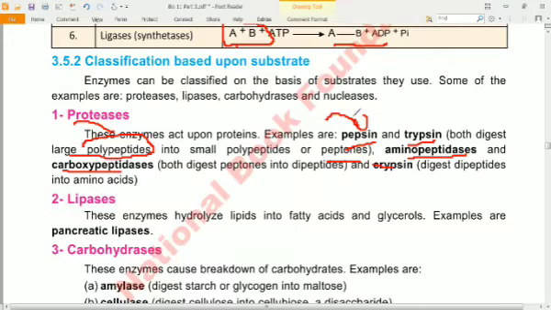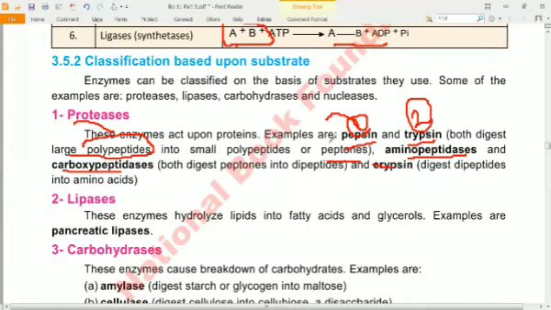This is number one. Okay, pepsin and trypsin attack, this is number two, on these large polypeptides which just come into our stomach. Then what happens? They are broken down into polypeptides and peptones.